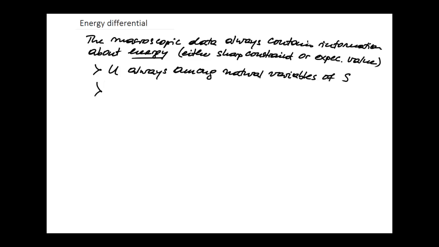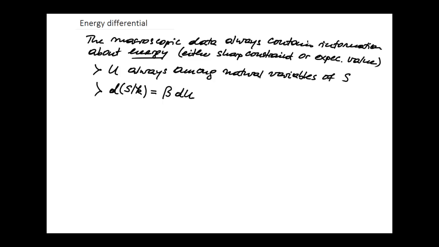This implies that when we write the differential of entropy, we can always write the contribution from the energy explicitly: beta times dU. So beta is the partial derivative of entropy with respect to energy, keeping all the other natural variables fixed, and by definition this is beta.